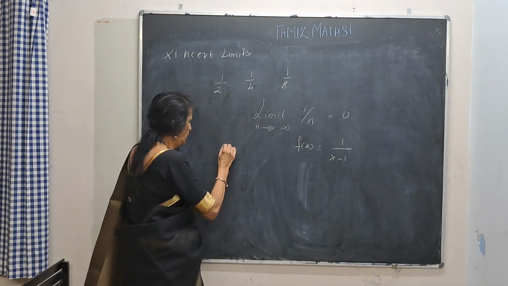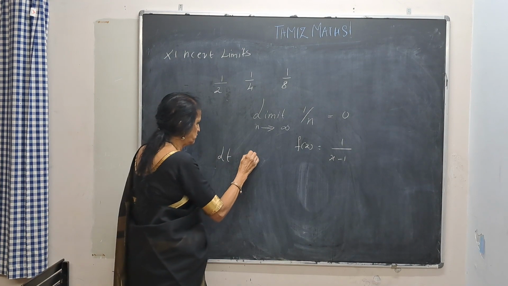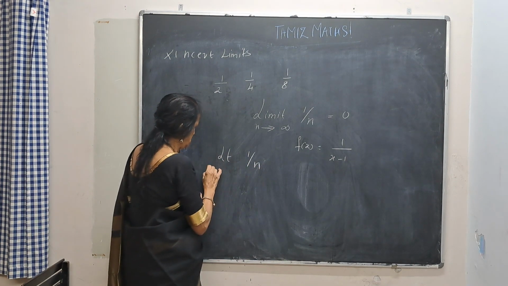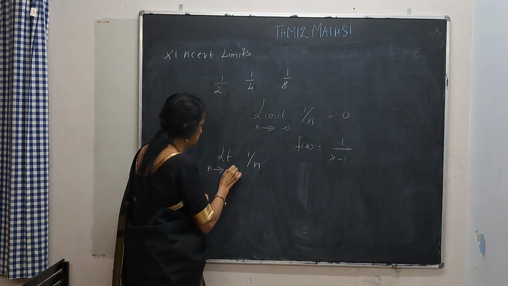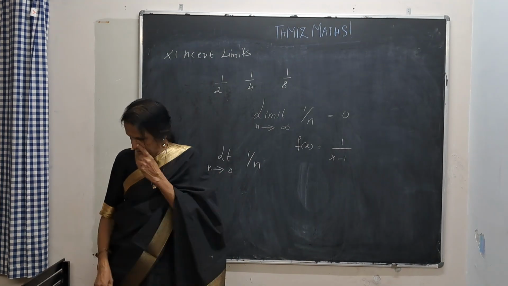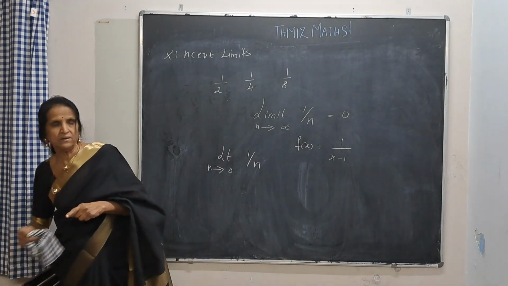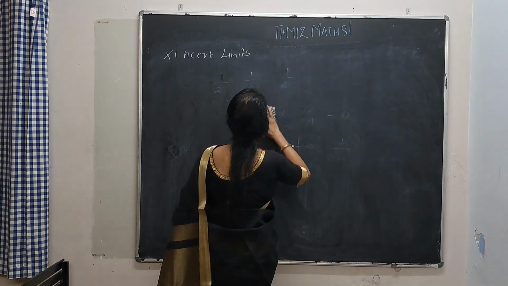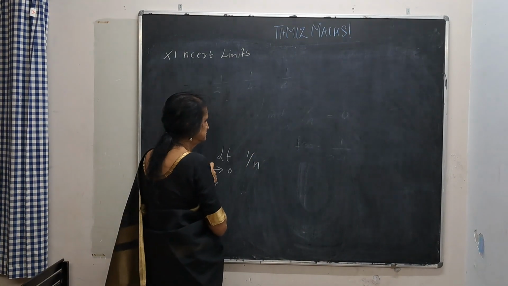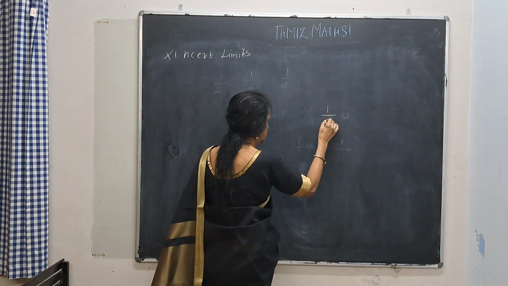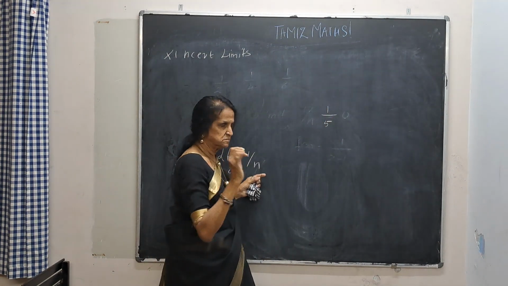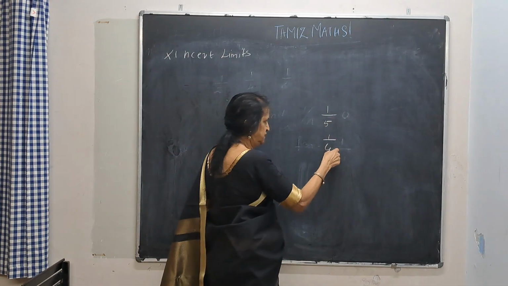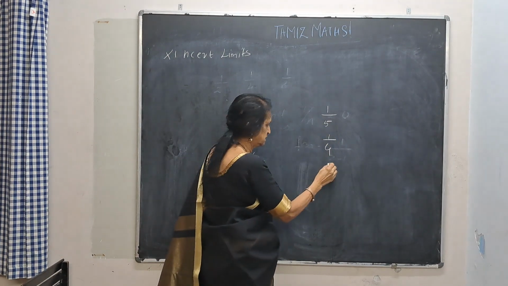Now, what will be the limit of 1 by n when n tends to 0? See here. I get some value. I get a value more than this.